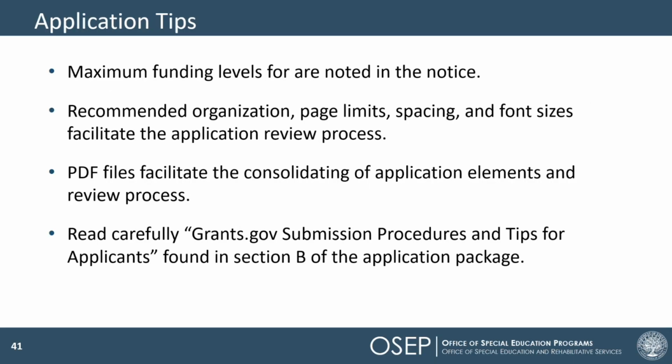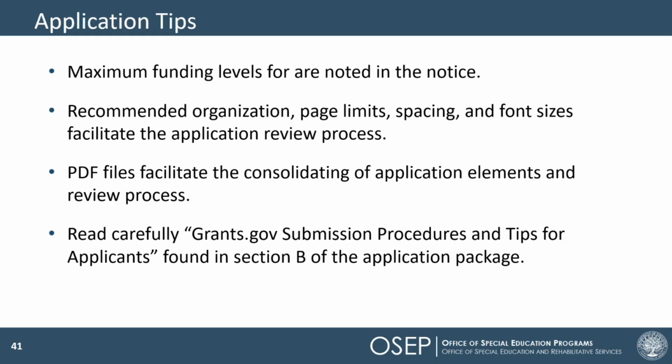Slide 41, Application Tips. Maximum funding levels are noted in the notice. Recommended organization, page limits, spacing, and font sizes facilitate the application review process. PDF files facilitate the consolidating of application elements and review process.